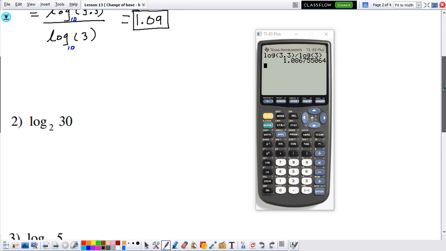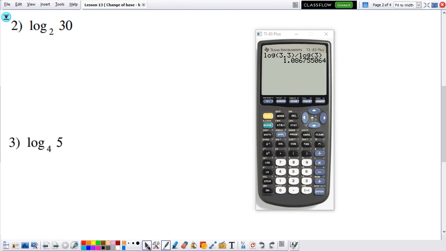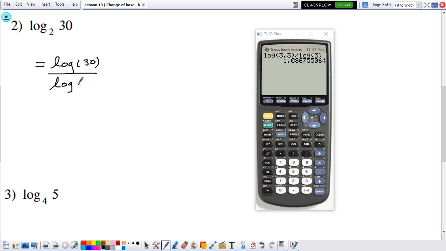So let's look at the second example here. Again, this is base 2, so we cannot use the calculator. We need to convert it into base 10. So how do we do that? Well, we can use the change of base formula, which is going to be log of the top, which is 30. So we're going to have log of 30 divided by log of the base, which is going to be log of 2.